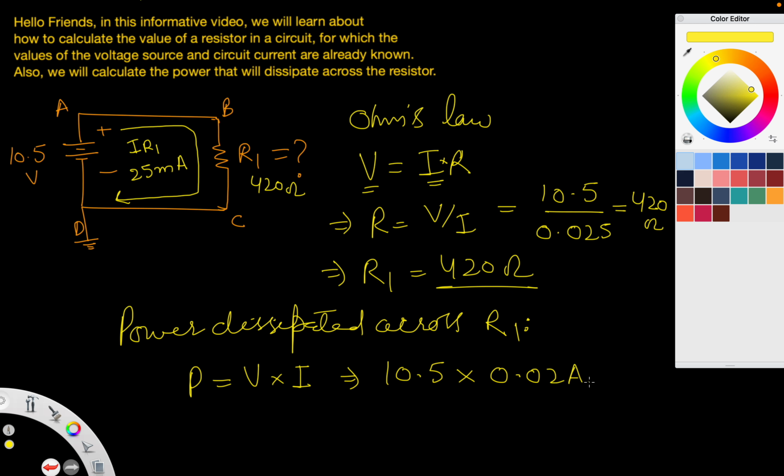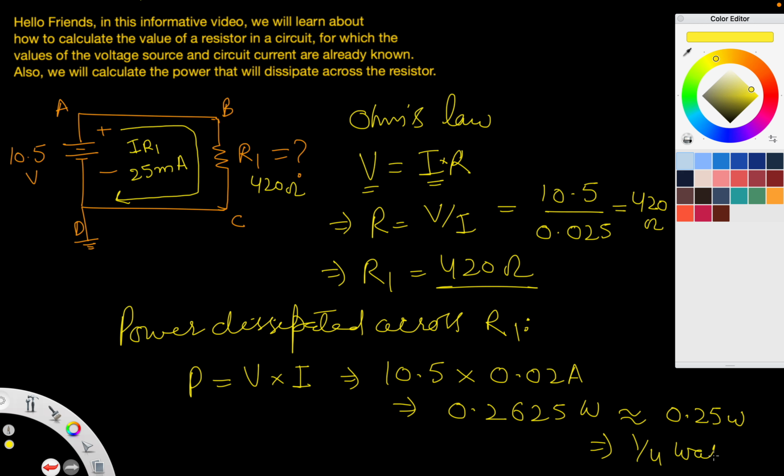Now we will multiply this, and we will get the value of 0.2625 watt. This is approximately equal to 0.25 watt, which is a quarter watt resistance, 1 by 4 watt.